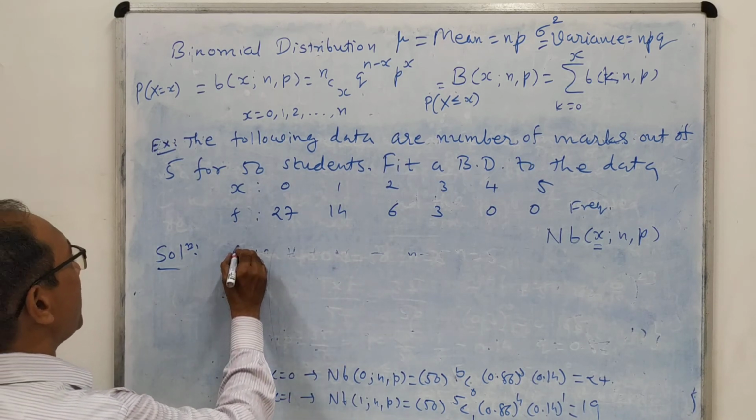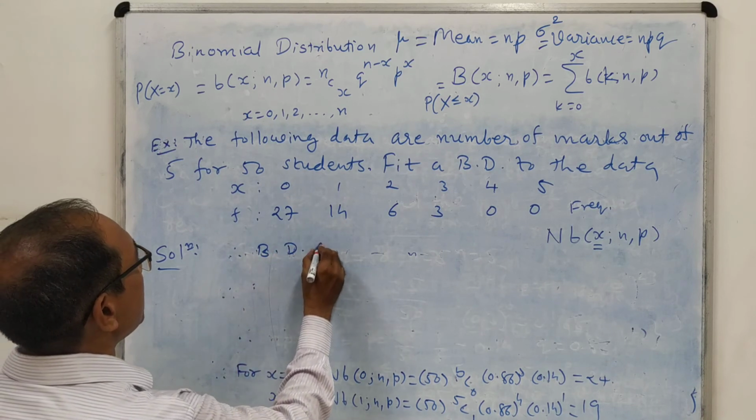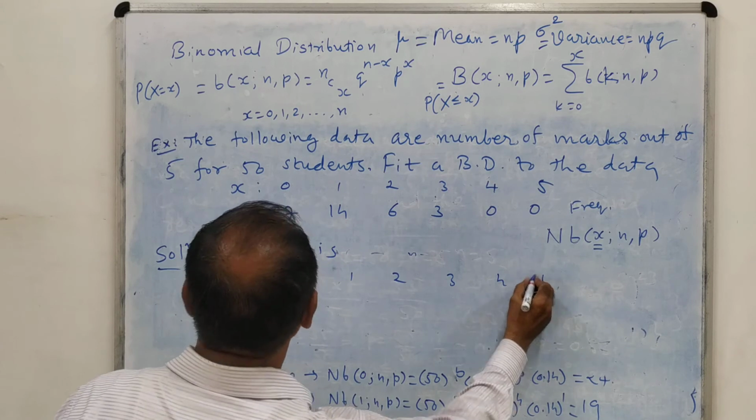And therefore finally you can write down the binomial distribution for x equal to 0, 1, 2, 3, 4 and 5.